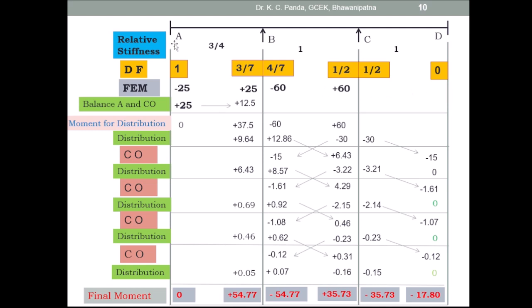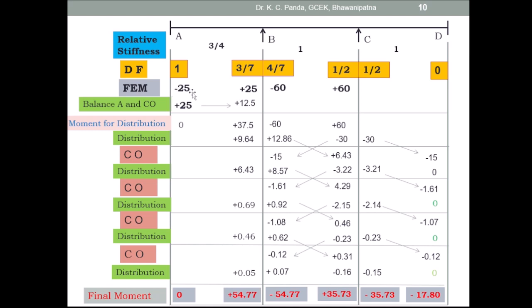As the end A is simply supported, first you take the balance of simply supported end A, then take the carryover of this moment. So this is the fixed end moment. This moment you have to balance by multiplying with the distribution factor, and you have to put it in opposite sign.